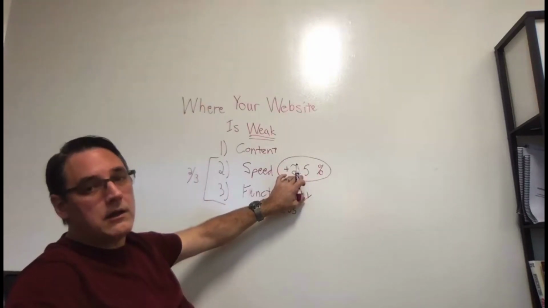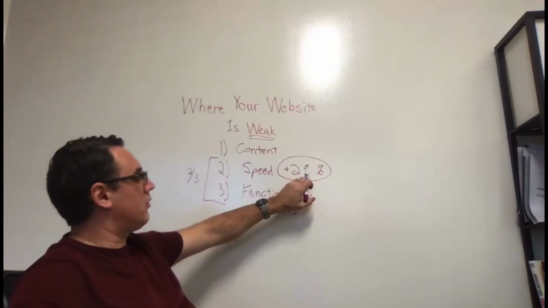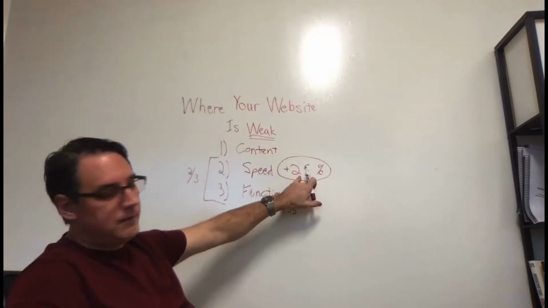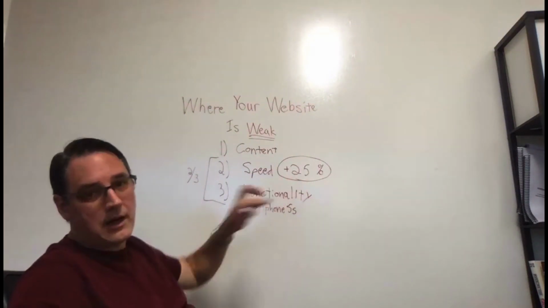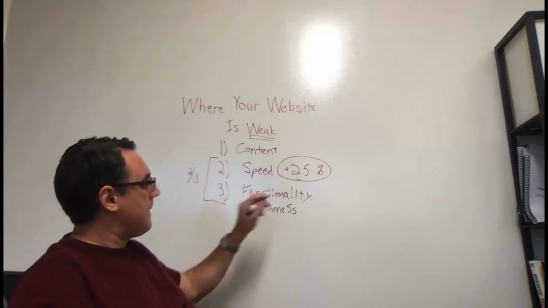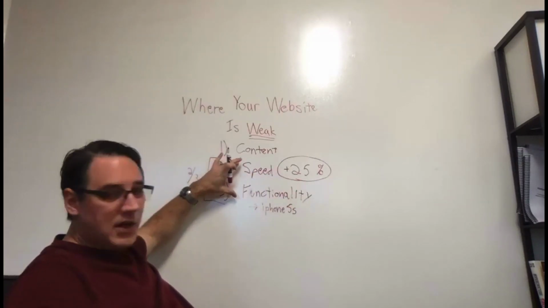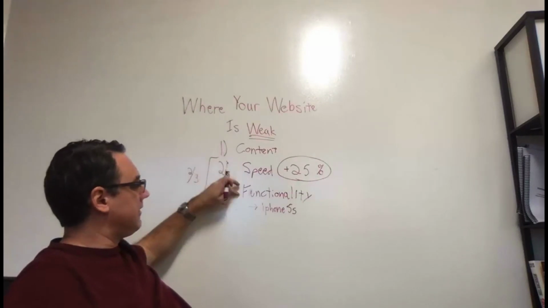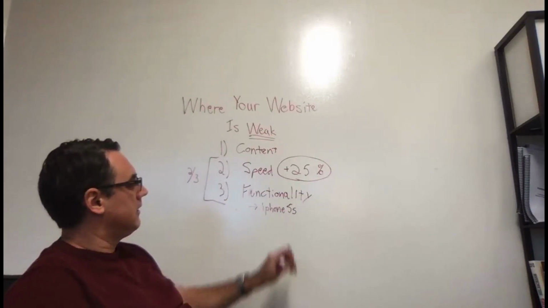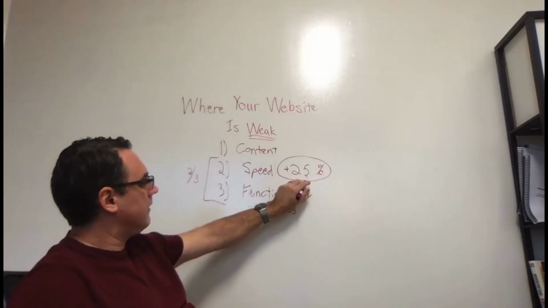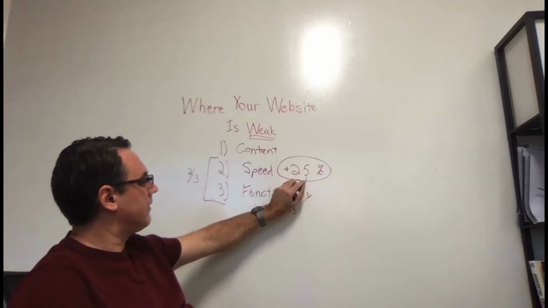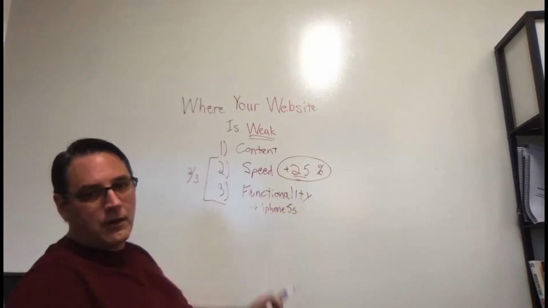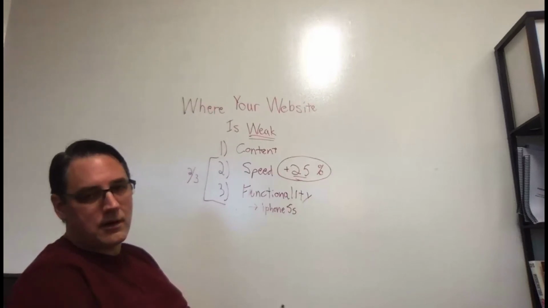If you're lucky, you're running it at 25% or higher. Very few times I see much higher than that on paid traffic. So when we're talking about increasing conversions 25% based on increasing speed and functionality, this is enough to double the profits of a lot of campaigns out there.